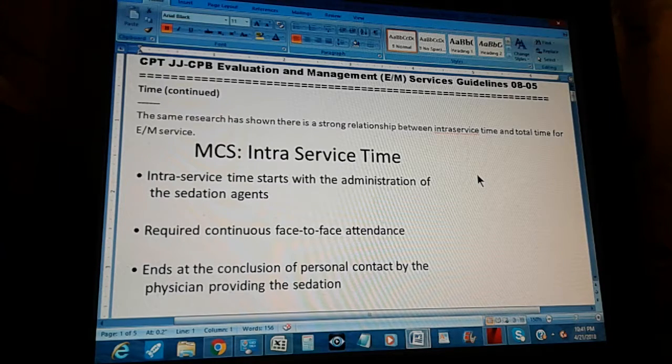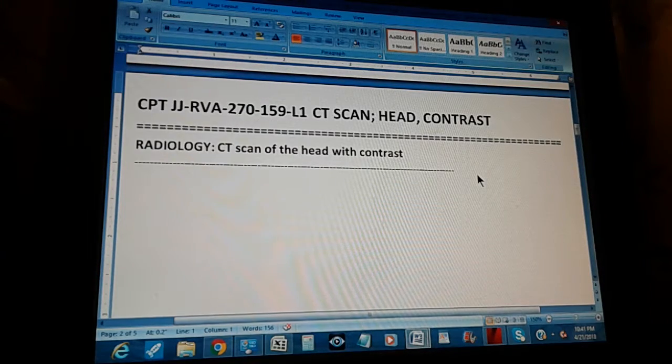So ready, set, go. CPT JJ-RVA, page 270, exercise 159, and this is a level 1 exercise, which means it has a regular difficulty. It's not that difficult, but it's not that easy either. It has some tricks there.